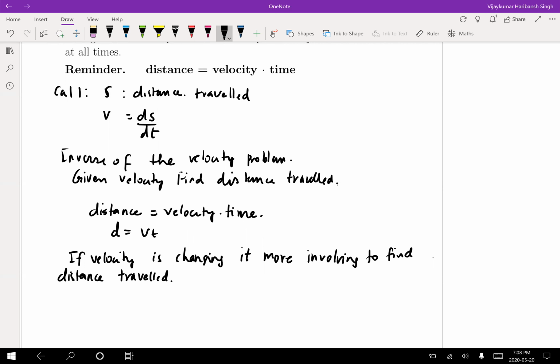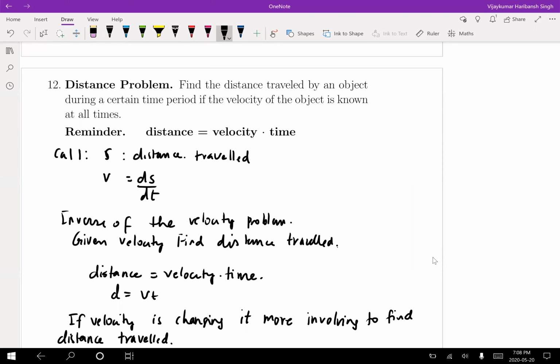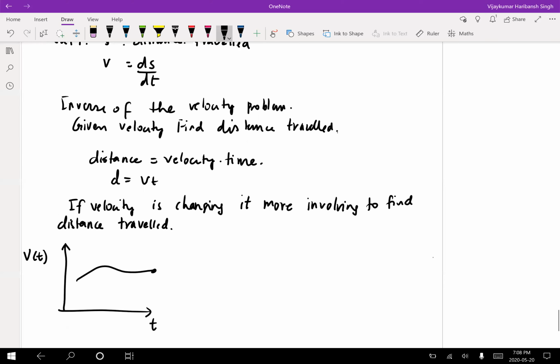So what we'll do is the following. Let's look at the following graph. So you have, this is your time t, suppose, and you have your velocity, and the velocity graph looks like that because you know the velocity at all the times, right? Because this is what it's saying. The velocity of the object is known at all times. So let's look at the following.